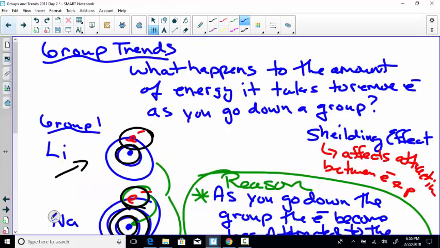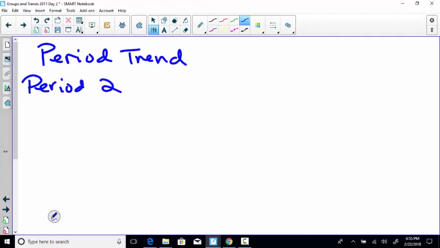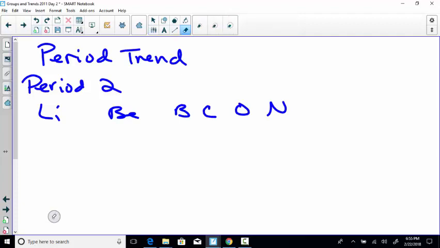Now we want to look at the period trend. What happens as we go across a period? So again, we're going to take period 2, where we can look at lithium, beryllium, boron, carbon, nitrogen, oxygen, fluorine, neon.